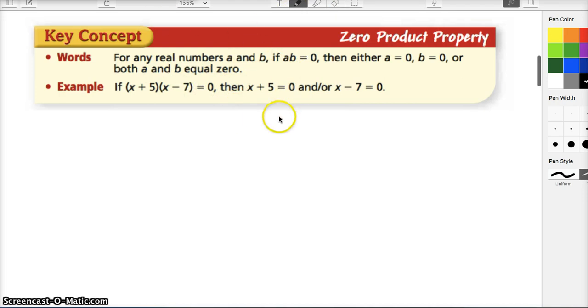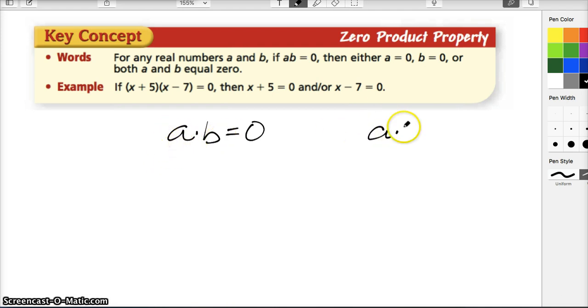The overarching concept that we're going to be using while solving quadratic equations by factoring is the fact that when I have two numbers, let's say A and B, and I multiply them together, and I tell you that A times B is equal to 0, this is a really special situation. It's special because it tells me something definite about each of these numbers.